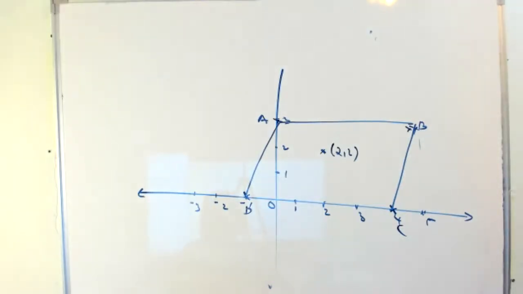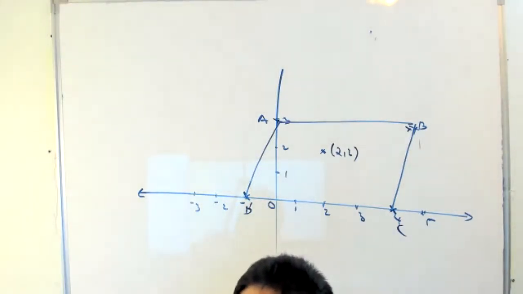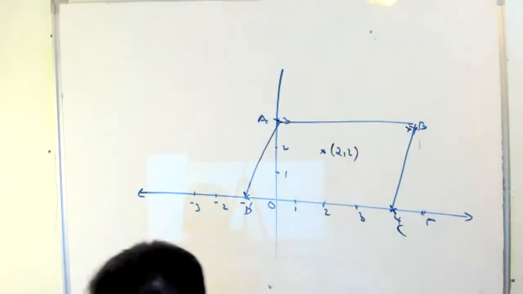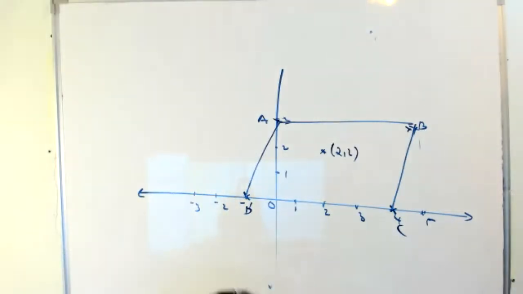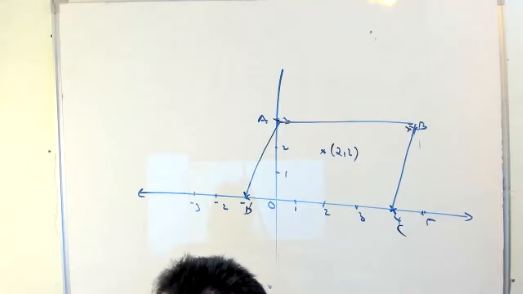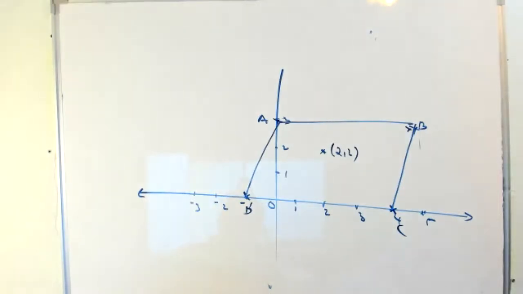What is the point B? So, 5, 3. Check your graph. Is it 5, 3 or 4, 3? You mark it. So, it's 4, 3. Okay, correct.